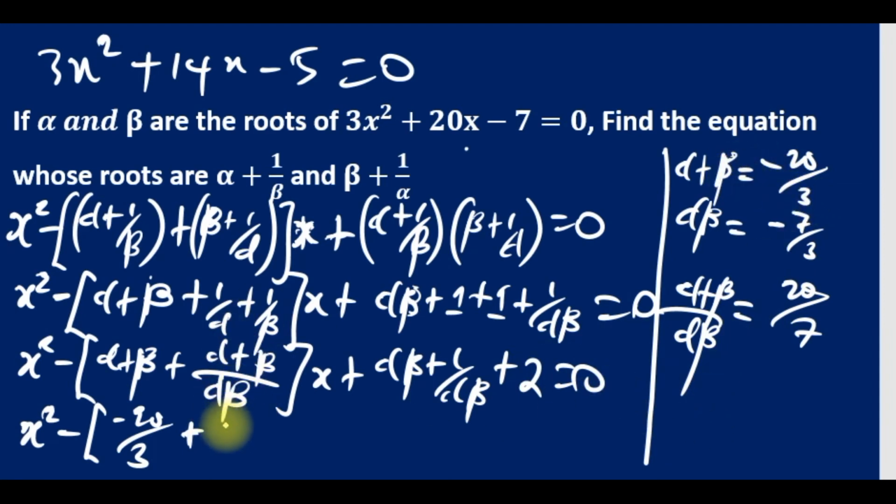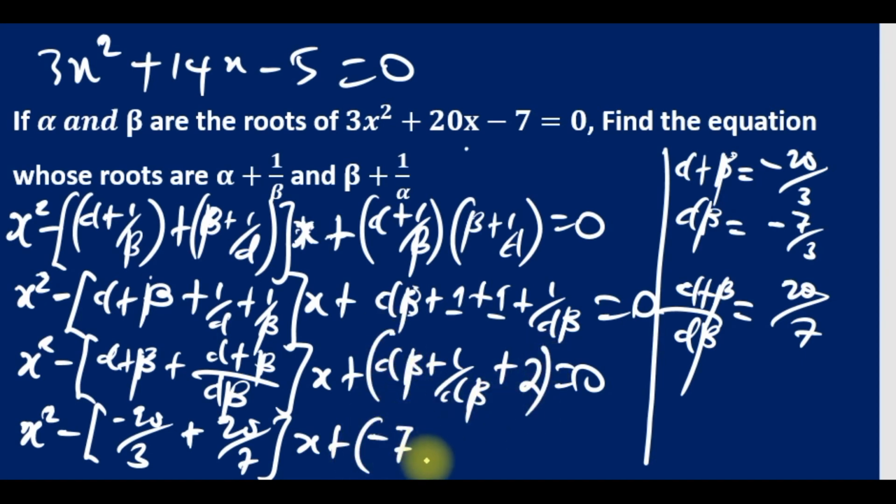So this is 20 over 7, plus alpha beta, which is minus 7 over 3, so in the product 1 over alpha beta, if you reciprocate, it is now minus 3 over 7. Do you get? Just reciprocal. Plus 2 equal to 0.